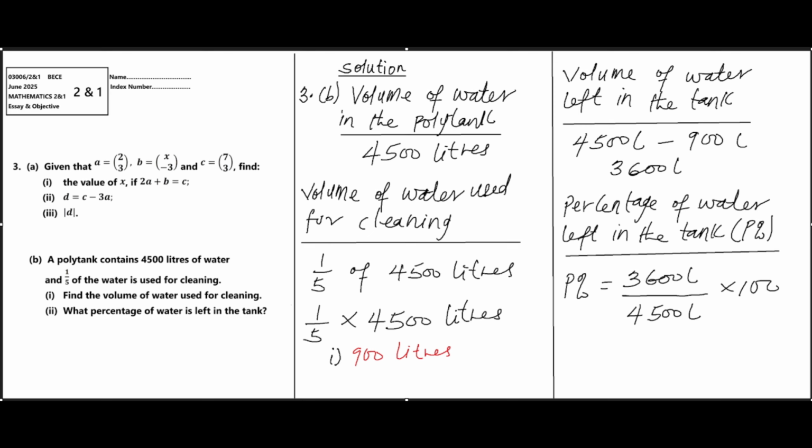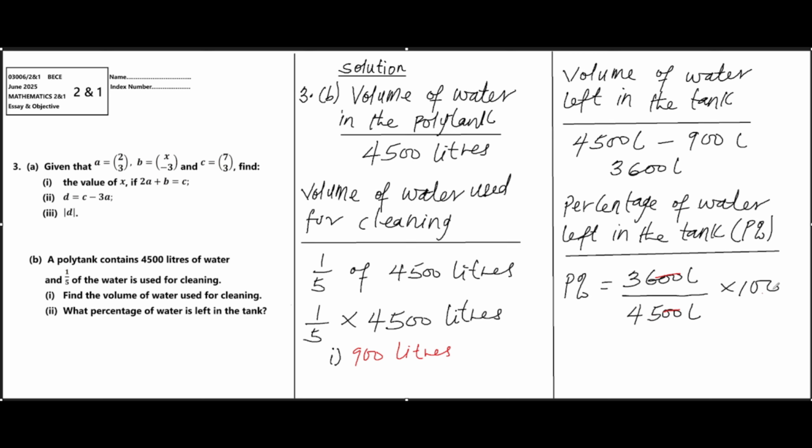So let's simplify this out. We have these two zeros cancelling out, and then we can also divide by 5.